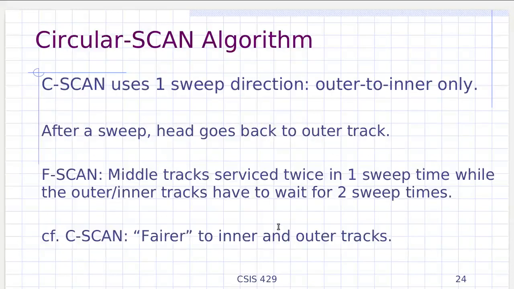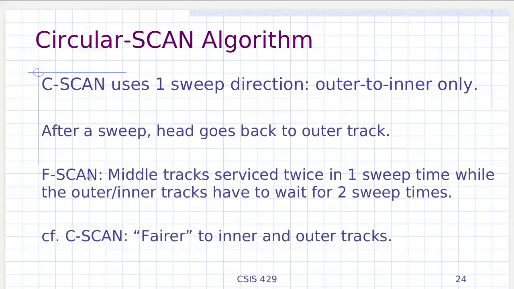Okay, there's also the circular scan algorithm, and that uses one sweep direction, outer to inner only. After a single sweep, the head goes as quickly as possible back to the outer track, and then you do a slower sweep from the outer to inner. So why do this?